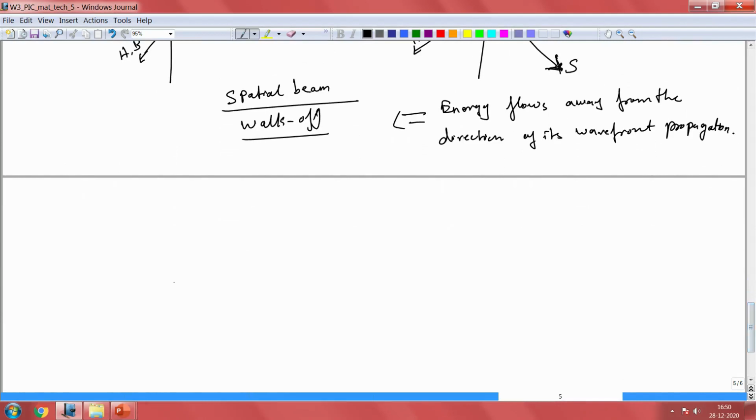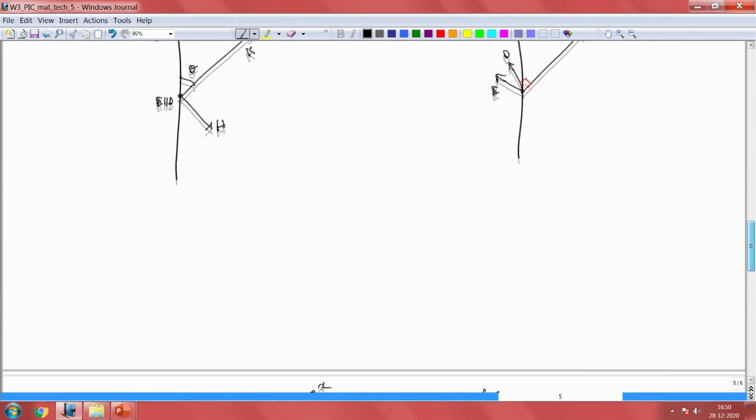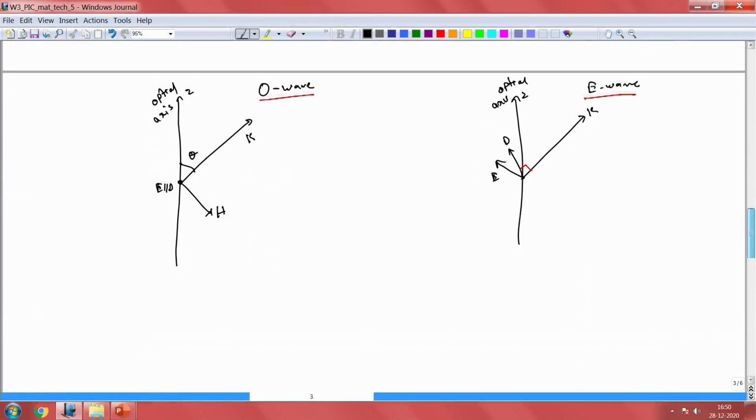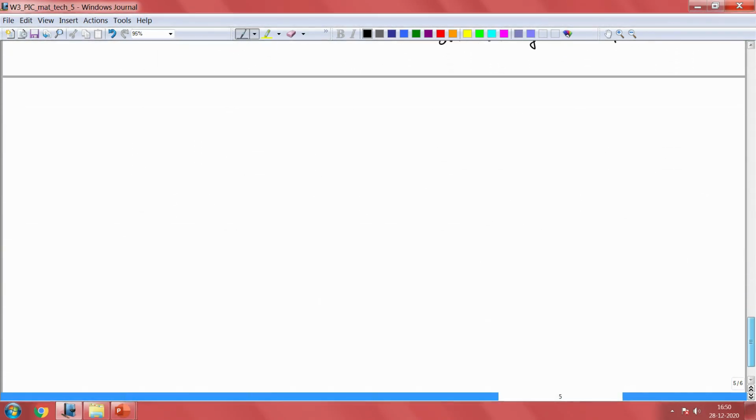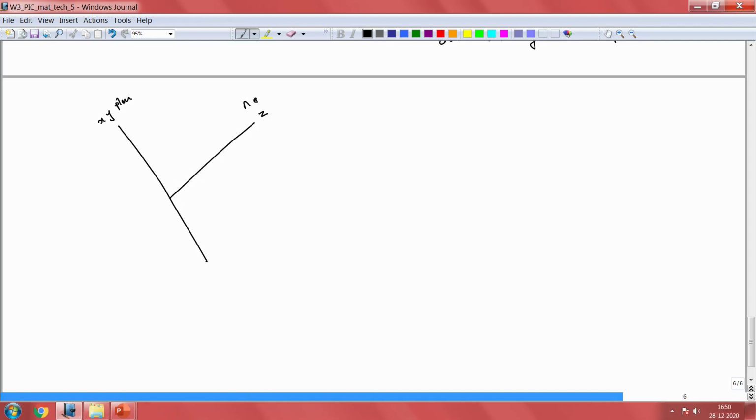Again, similar to what we saw for the uniaxial crystal, let us look at the spatial walkoff in this birefringent material. We can take this as the xy plane. Here we have Ne, and in this case Ne is less than N naught, let's say.